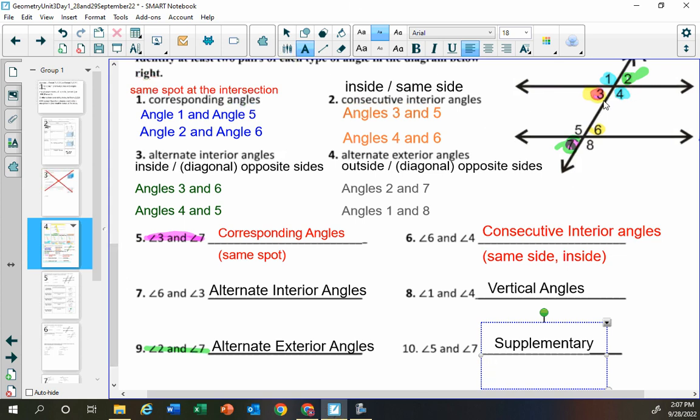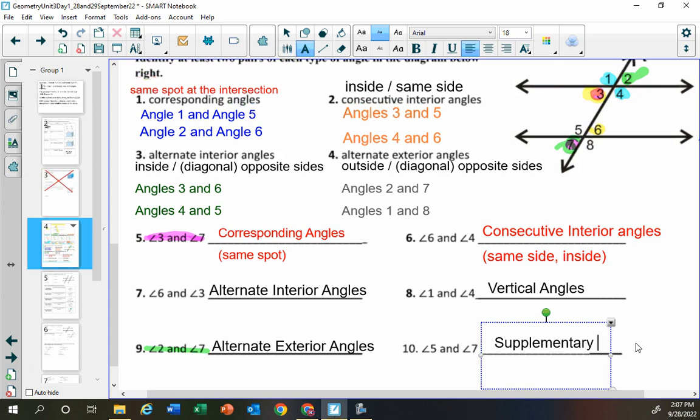So they're supplementary, I'll give you that. But they're called linear. Linear pairs.